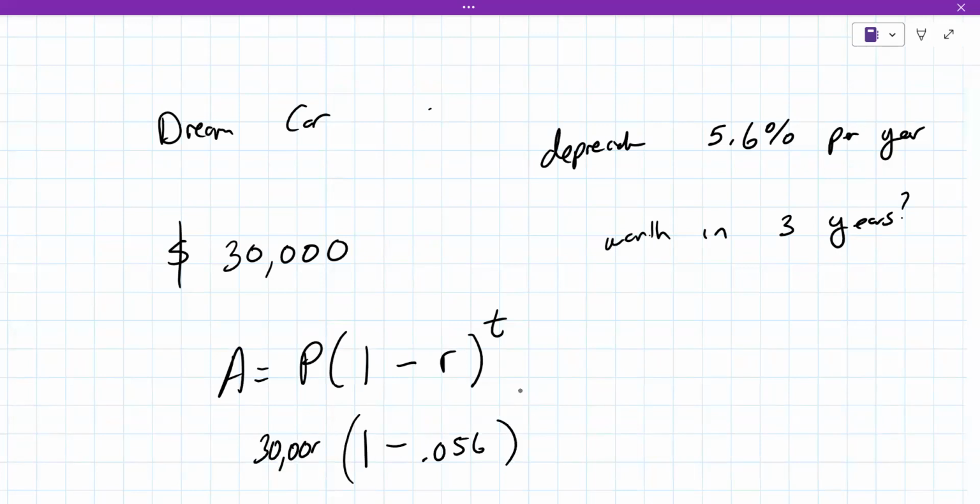You started out with a $30,000 vehicle and you want to know what it's worth at the end of 3 years. 25,236 and 97 cents. Very good. So in 3 years, it's gone down a little bit. You got to drive it for 3 years. Maybe that's a good trade.